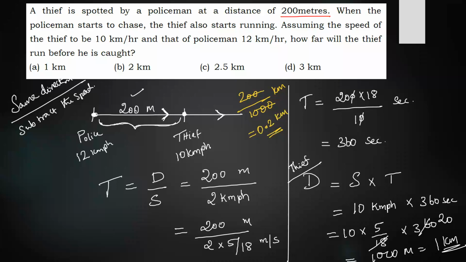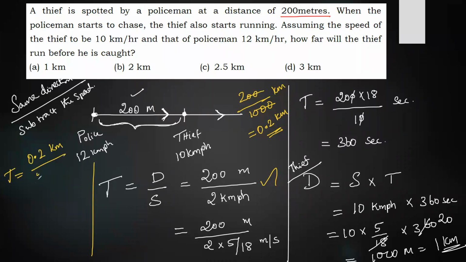If you want to convert meter to kilometer, just divide by 1000. To convert meter to kilometer, divide by 1000. You will get 0.2 kilometer. Then you need to divide by 2 in this formula, 0.2 kilometer by 2.